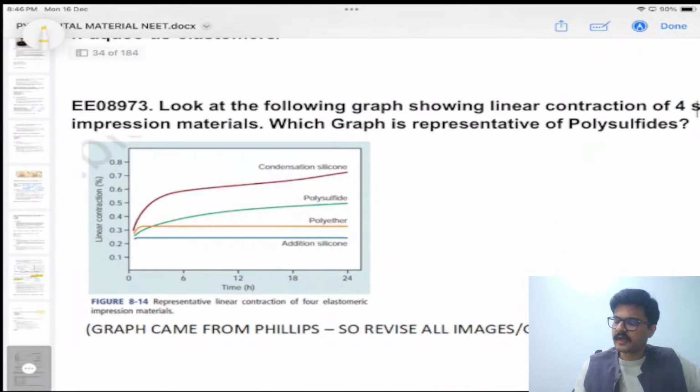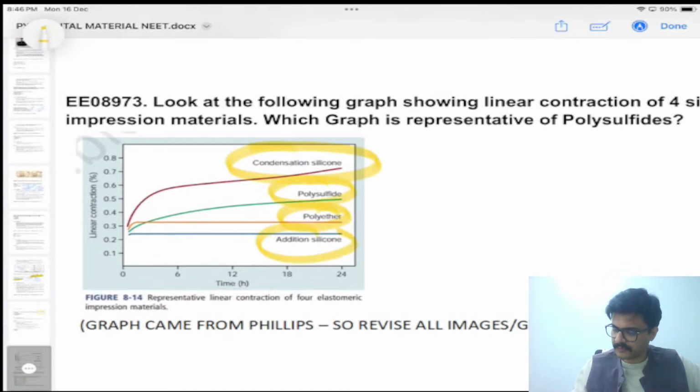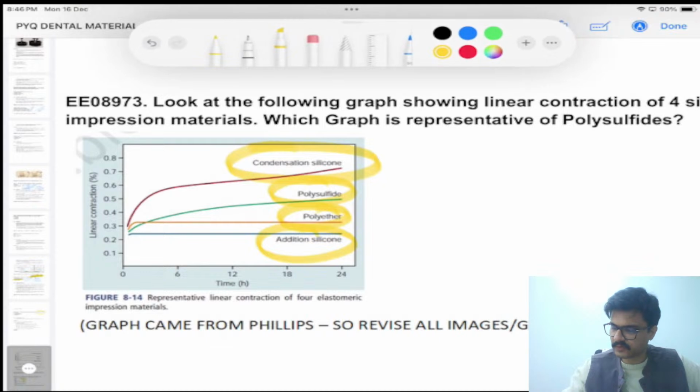All right, now this is talking about dimensional stability, guys. Of course, this is one correction that I'm doing here in the PYQ. This was not supposed to be here, right? This was marked by A. This is not there in the question actually. Say, for example, A, B, C, D, right?